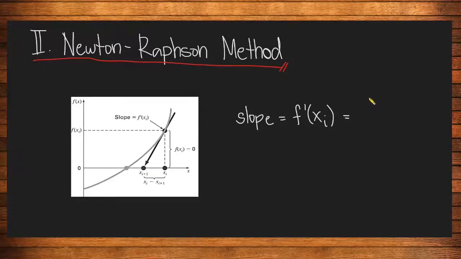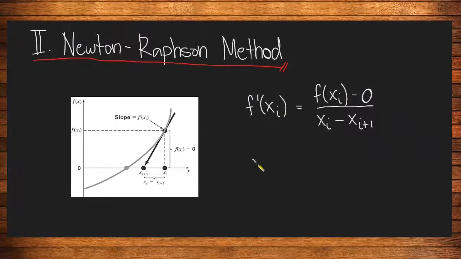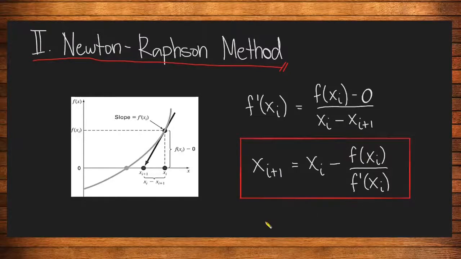Yung rise natin dito is equal to f of x sub i minus 0, and yung run naman natin will be equal to x sub i minus x sub i plus 1. Yung x sub i plus 1, ito yung new estimate natin. Isolating x sub i plus 1, we will have this function. Ito na ngayon yung tinatawag na Newton-Raphson formula.